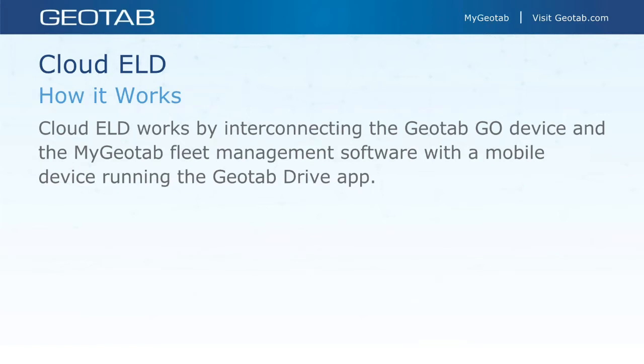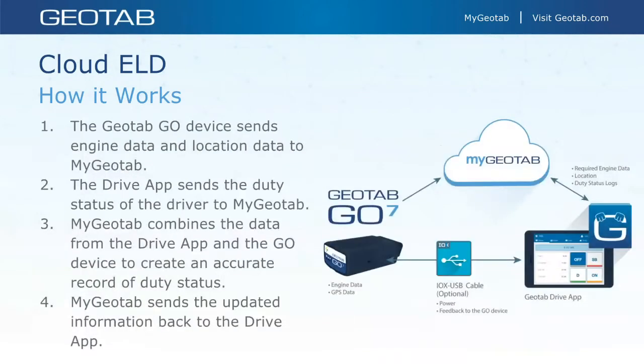This exists as a result of the ELD mandate, where we are now required to pull in engine data and synchronize that data as part of the logs. This was not a requirement previously. Additionally, we also have the Go device playing a much larger role in the generation of the duty status logs. Before Cloud ELD, that was not the case. The logs were entirely generated by the GPS in the tablet. That's not really the case anymore.